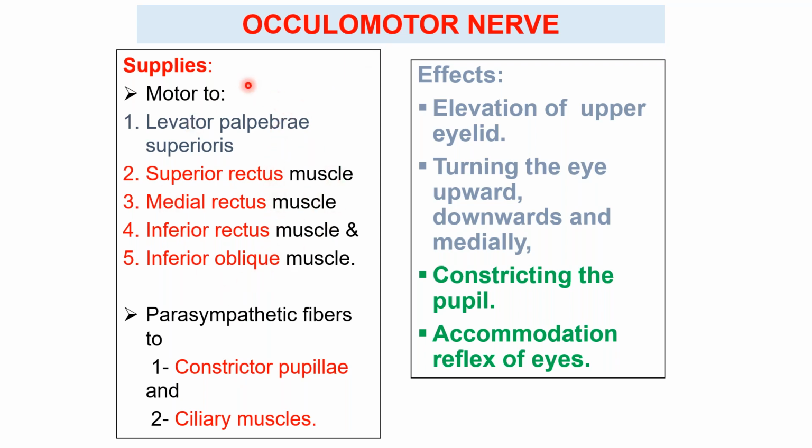So these actions we have already discussed. You know the motor effect of the oculomotor nerve, how it is going to turn the eye upward, downwards and medially and elevate the upper eyelid. What will be the effects of the parasympathetic fibers coming from the Edinger-Westphal nucleus? They are going to constrict the pupil and will help in the accommodation reflex of the eye.